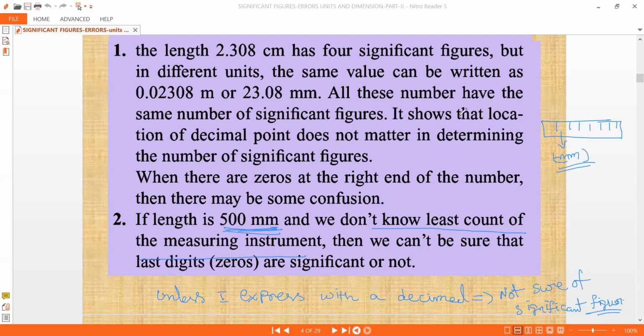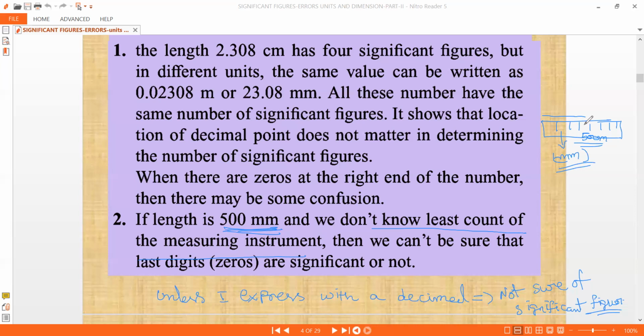And suppose I have taken the measurement and this is, let us say, 500 mm, and this rod has come just close to 500 mm and it's not fully covering that particular division. Assume that. And then I noted 500 mm. Am I confident? No, definitely not.